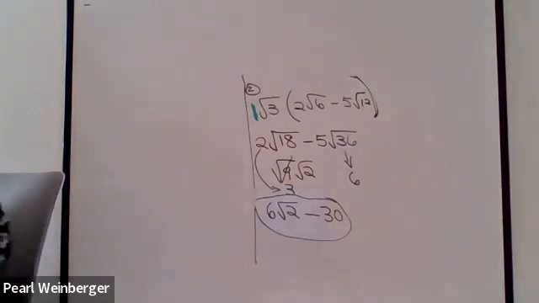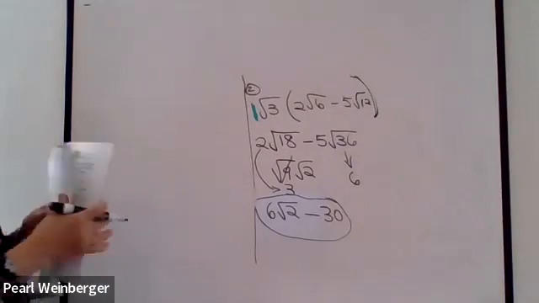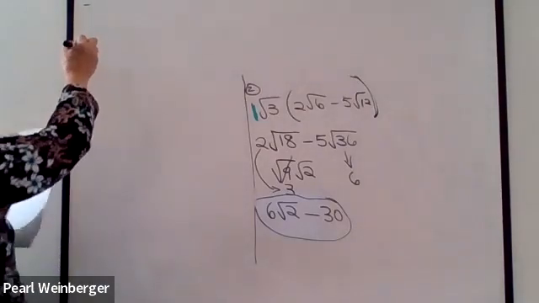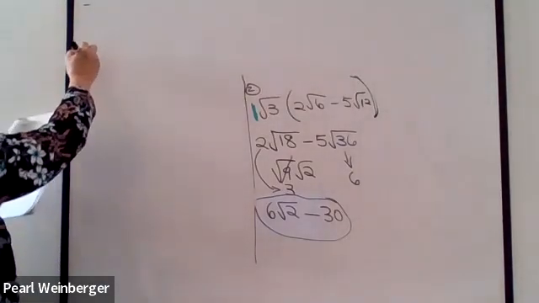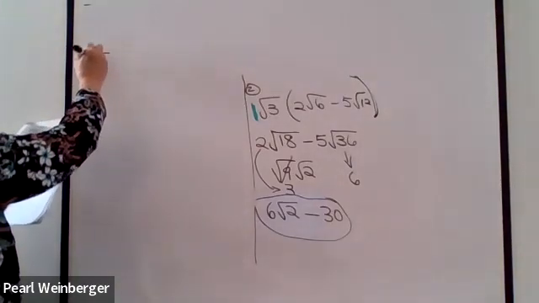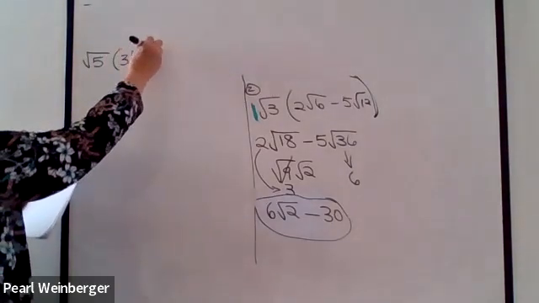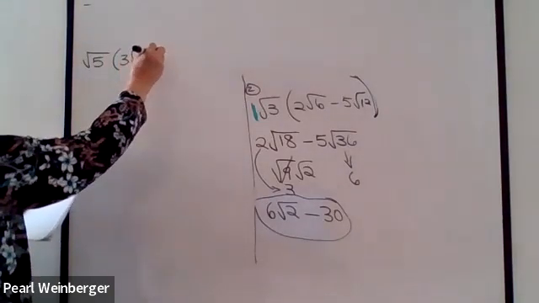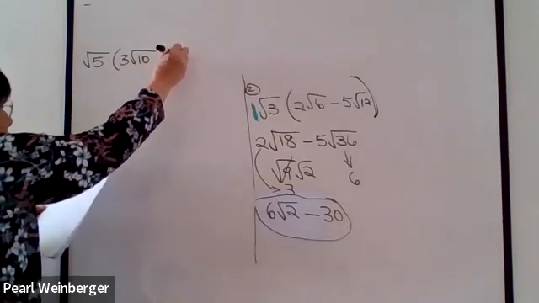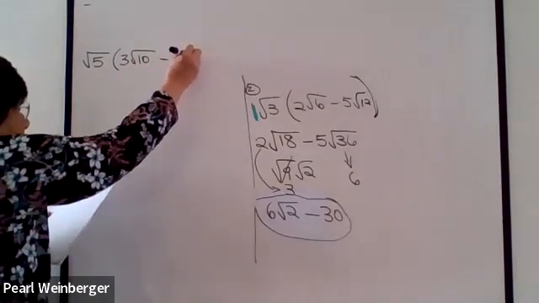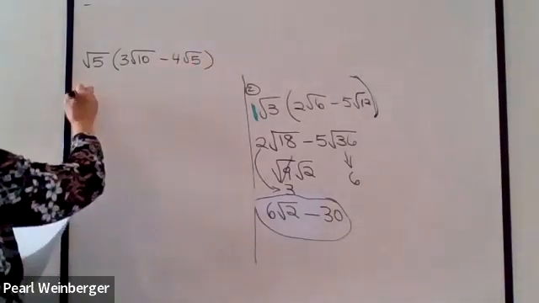I'm going to give you a multiple choice example to try. You want to simplify this, and the question is radical 5, parentheses 3 radical 10 minus 4 radical 5. That's your question. Here are your answers.